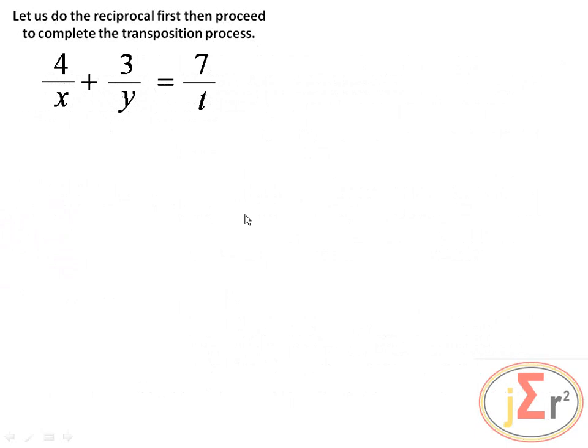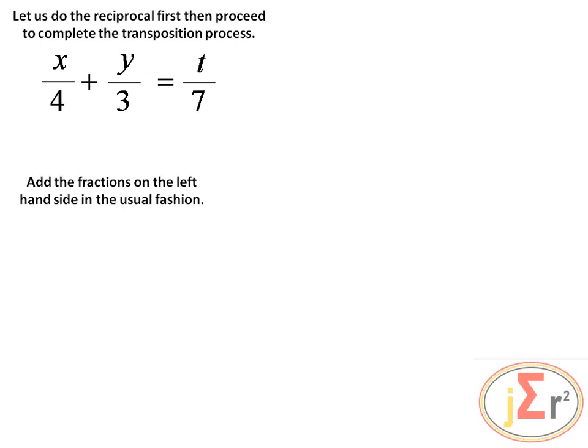Let us do the reciprocal first, then proceed to complete the transposition process. And what do we do next? Add the fractions on the left hand side in the usual way.